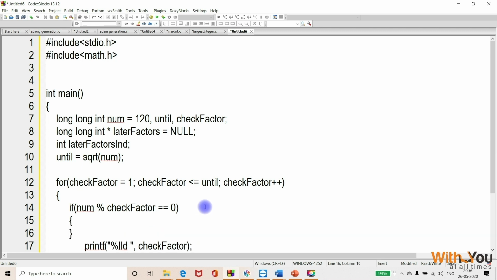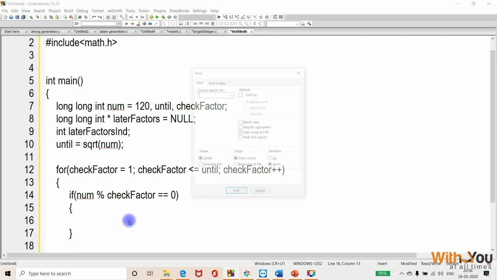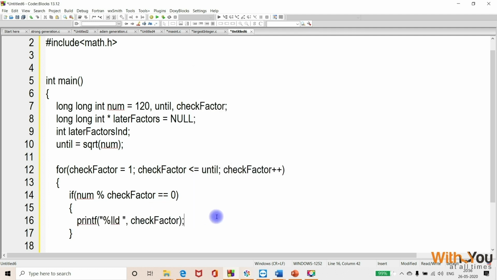We will hold him in the array. So if he is a factor, first print the guy who is helping us. Control V, gentlemen, thank you. And his partner, that is num by check factor, that is the quotient part, who is also a factor, has to be put into an array.